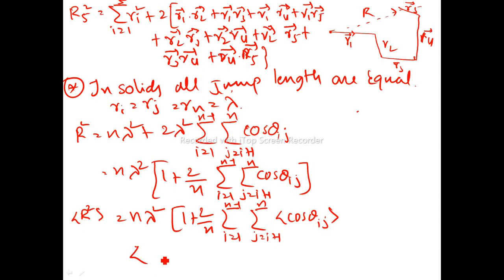Then we know that the average of cos theta ij is 0. Then the equation will reduce to n lambda square for solids.